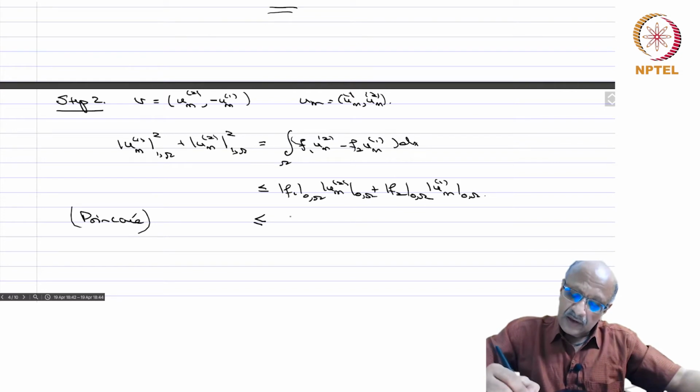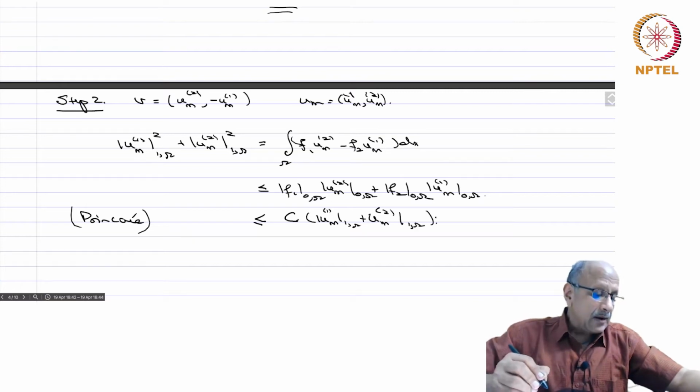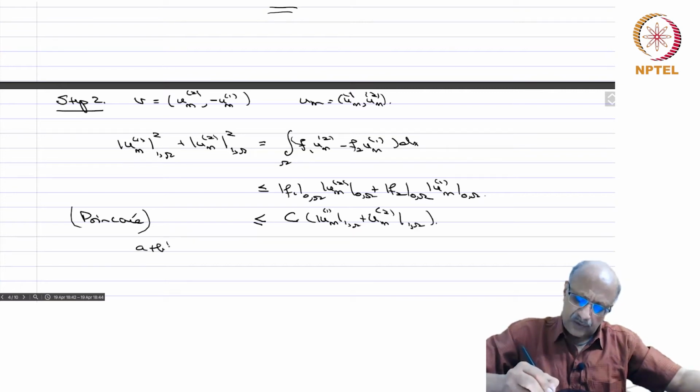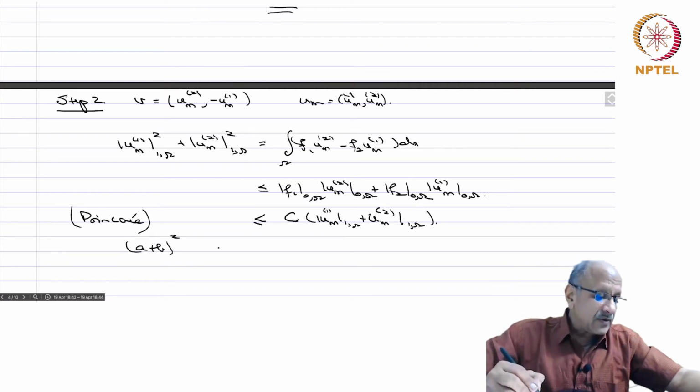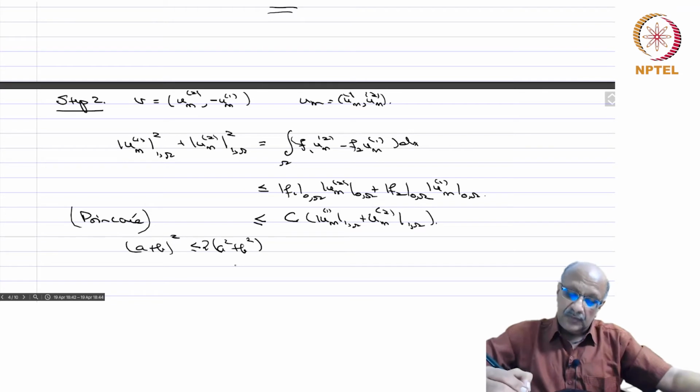all this can be less than C times norm u_m1 in H1(omega) plus norm u_m2 in H1(omega). And of course, you have (a plus b) whole squared is less than or equal to 2 times (a squared plus b squared), since 2ab is less than a squared plus b squared.